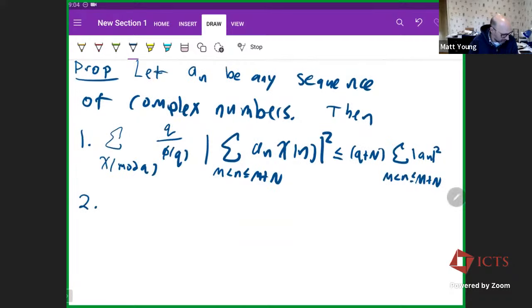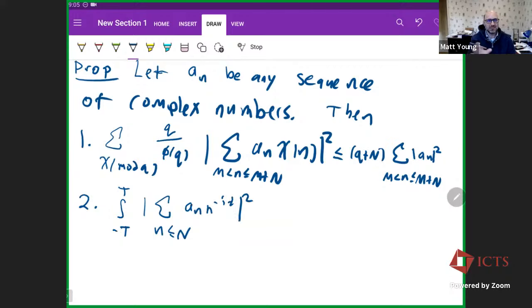And then our second bound is a t integral version of this. So I integrate from -T to T. And here it actually depends on where n is, so I have to take the initial sum. For the one above, it didn't really matter where it was positioned on the real line; it only mattered what the length of the interval was.